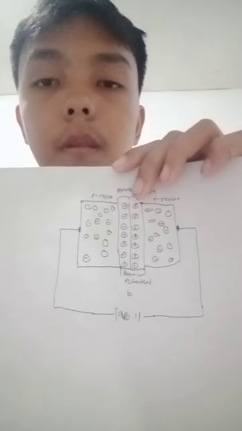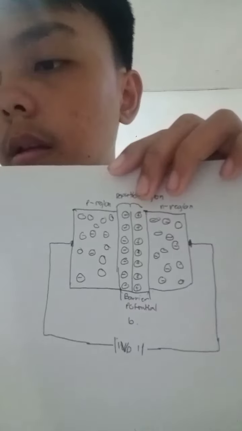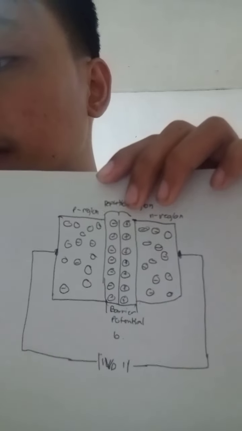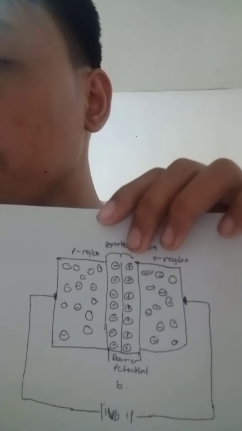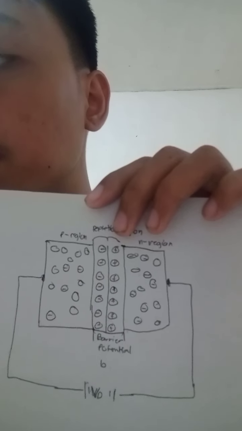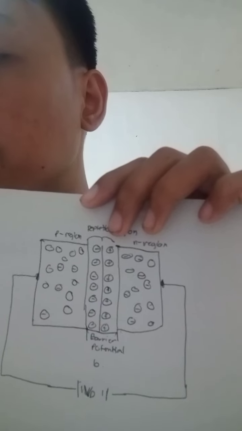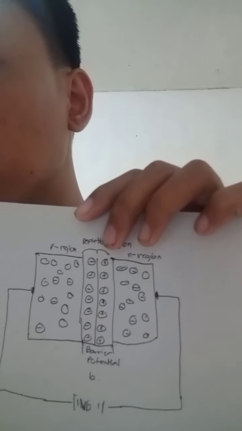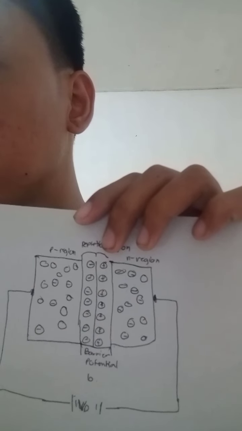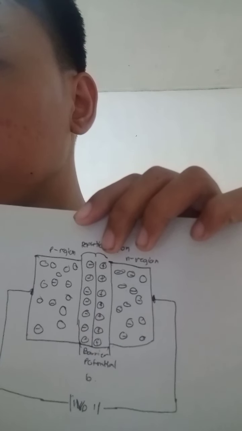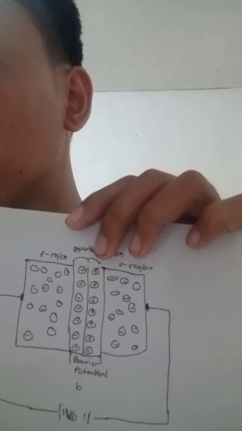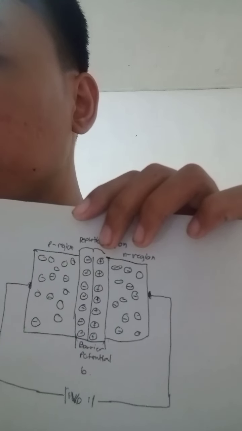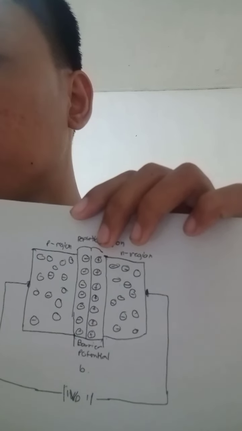While in reverse bias, an external potential of volts is applied across the PN junction, such that the positive terminal is connected to the N-type material and the negative terminal is connected to the P-type material. The number of uncovered positive ions in the depletion region of the N-type material will increase due to the large number of free electrons drawn to the positive potential in the applied voltage.